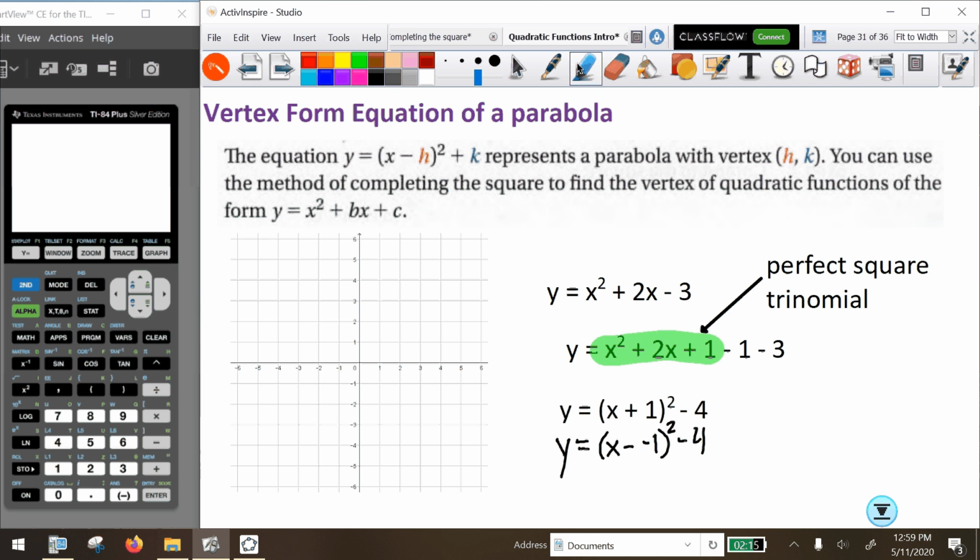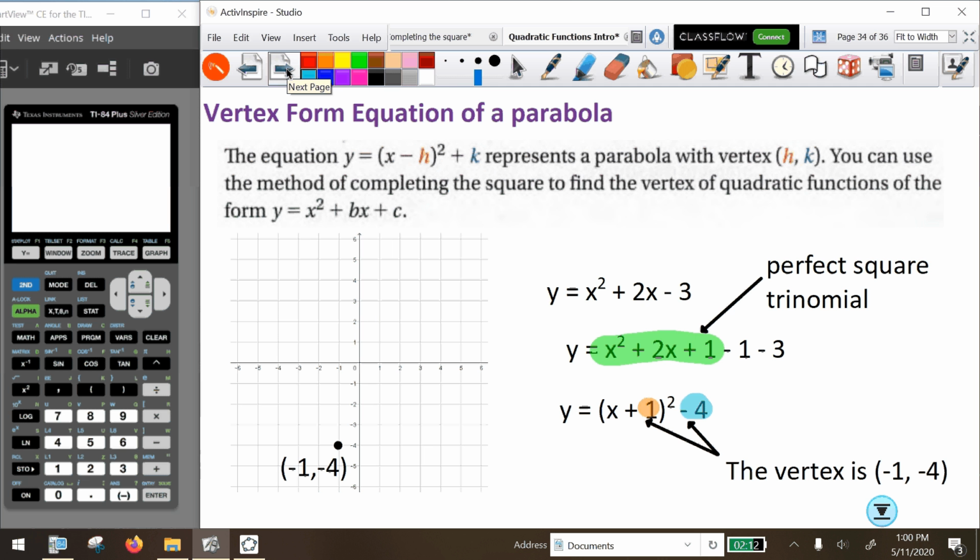So now the coordinates of the vertex are really negative 1 and negative 4. I'm going to plot that on my coordinate plane, negative 1 comma negative 4, and then I'm going to just draw a rough sketch of a parabola. All right, and there's my final graphed form. I used a program to graph it.